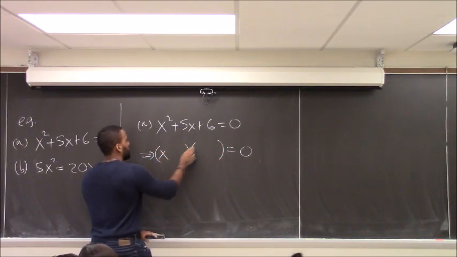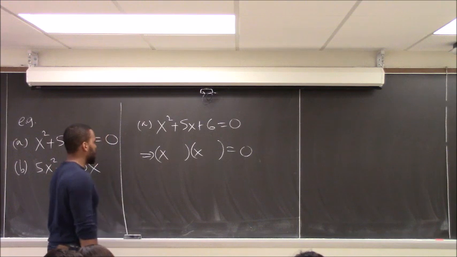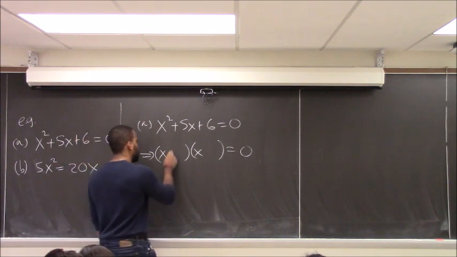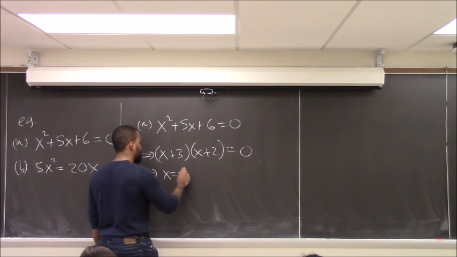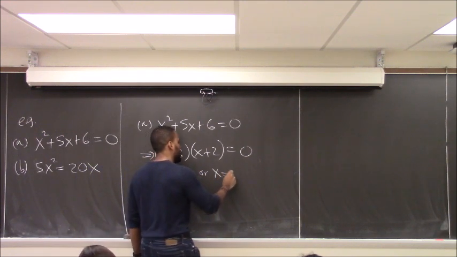Does it work? Well, two numbers that I multiply get 6, add and get positive 5, plus 3 and plus 2 seem to work. And so I would get x equals minus 3 or x equals minus 2.